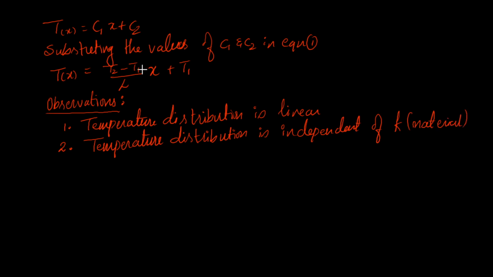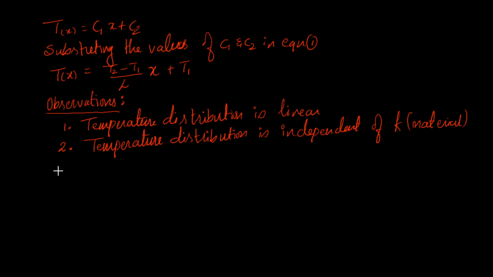If the temperatures T1 and T2 are same and the thickness is same, then the distribution will also be same for different materials. So these are the observations which we can draw from the above equation.